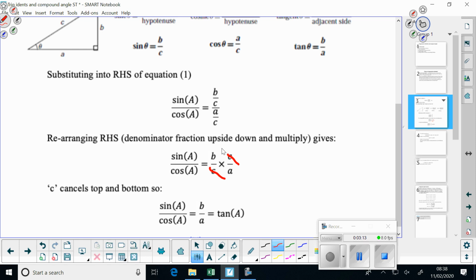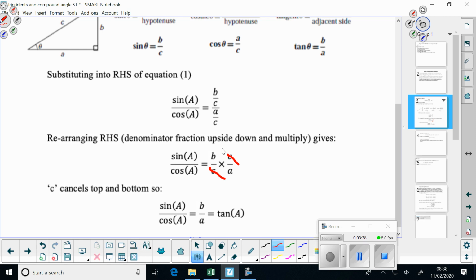If you've got an equation with a sine of a variable and a cosine of a variable in it, and you want to use this identity, if you can replace the sine A over cos A with tan A, you've only got one lot of A there that you can then solve for.